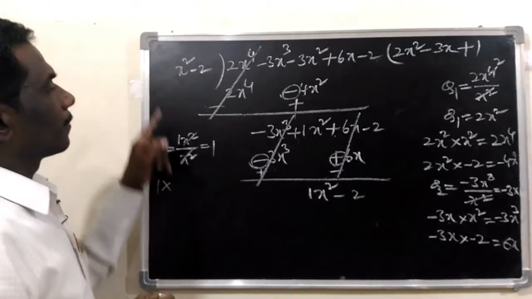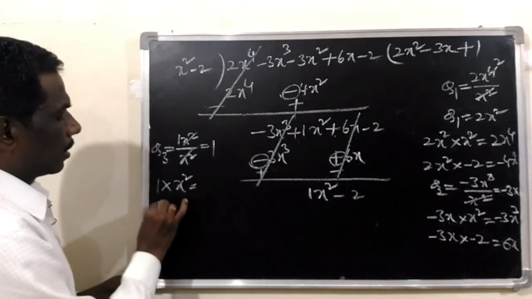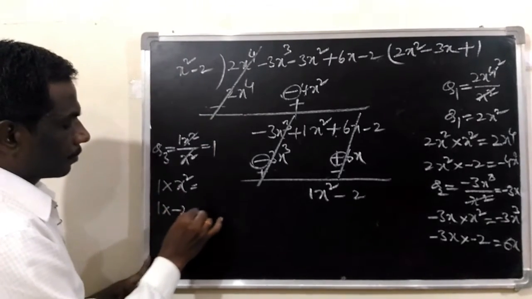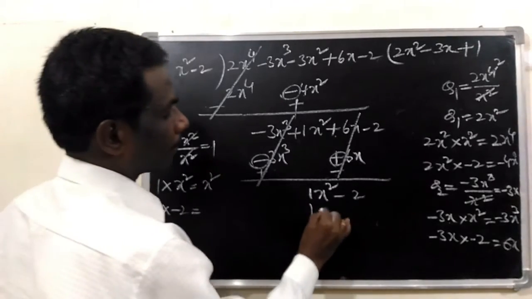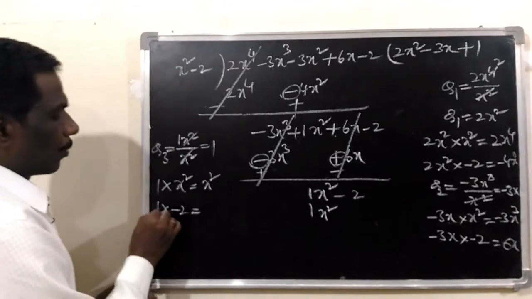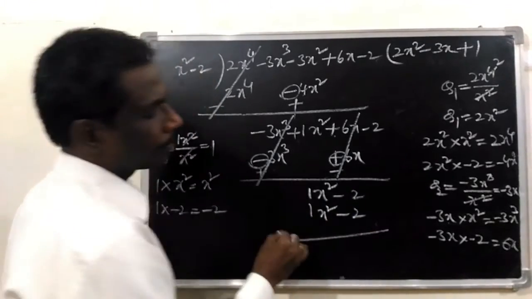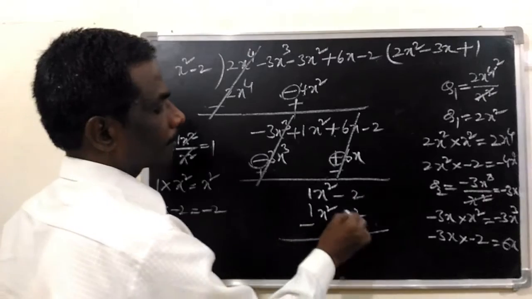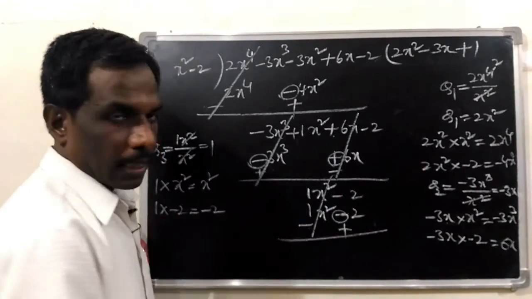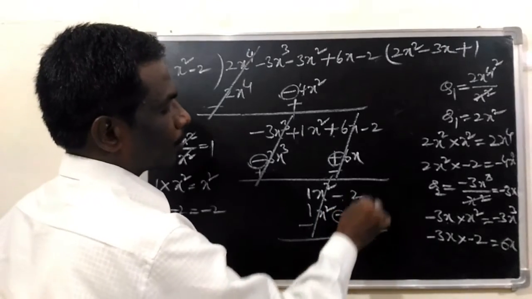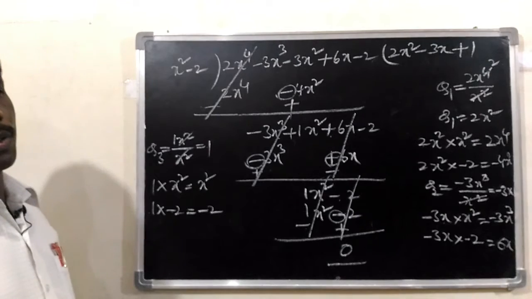That is multiplied with the first term of the divisor and also the second term of the divisor. 1 into x square is 1x square. 1 into minus 2 is minus 2. Now change the symbols. 1x square minus 1x square cancel. Minus 2 plus 2 cancel. And the remainder is 0.